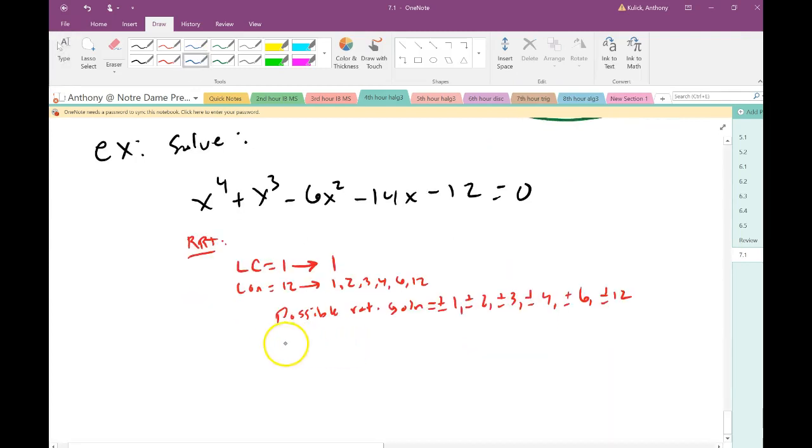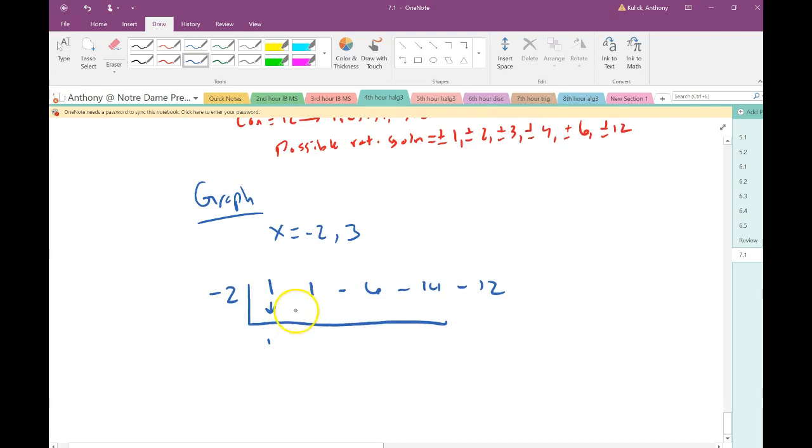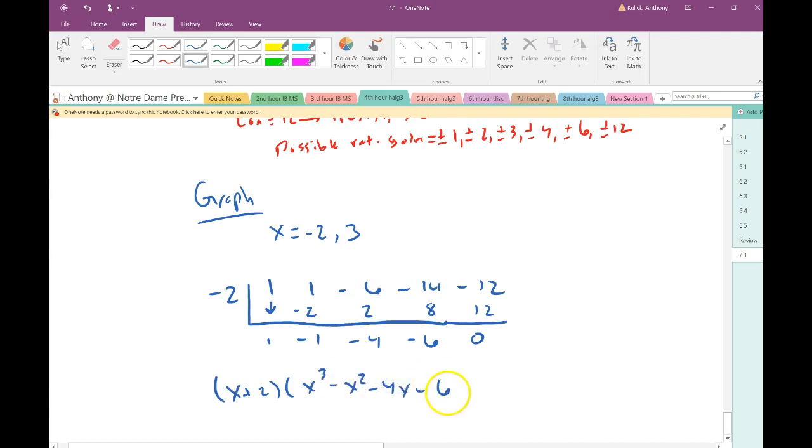Okay. Well, let's just pick one. Say we pick negative 2. And we'll go ahead and do our divisions. Yay. So we have then x plus 2 times x cubed minus x squared minus 4x minus 6.